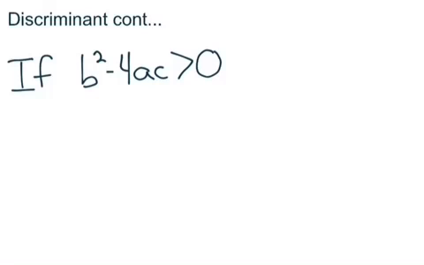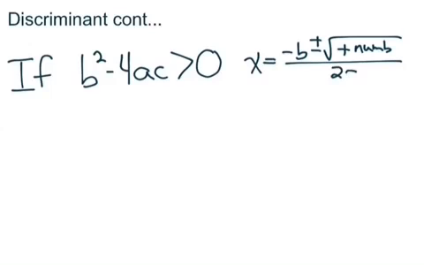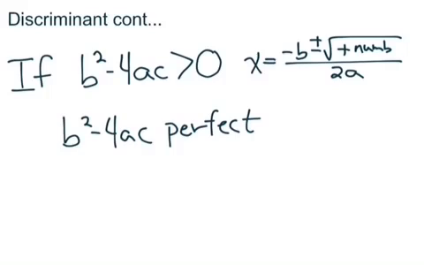Next, let's talk about if the discriminant were greater than 0. Let's think about how that would look in our quadratic formula. We'd have negative b plus or minus a positive number in here over 2a. So we're definitely going to have two roots. If b squared minus 4ac is a perfect square, then we're going to have rational number roots.